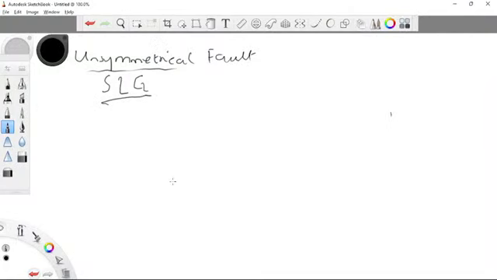Okay, we are starting with single line to ground fault. So let's say we have these are our 3 lines.